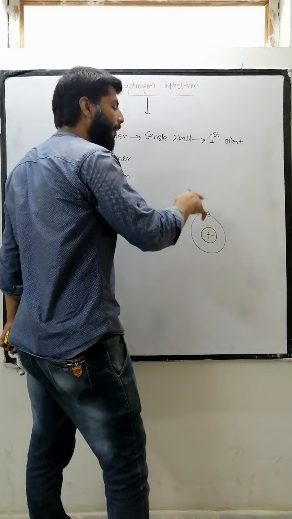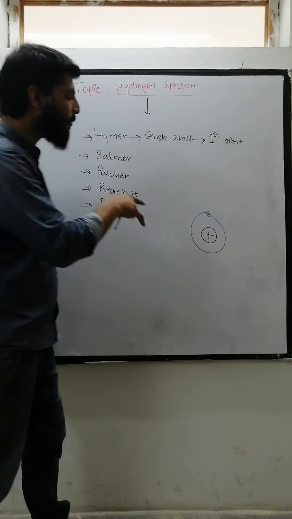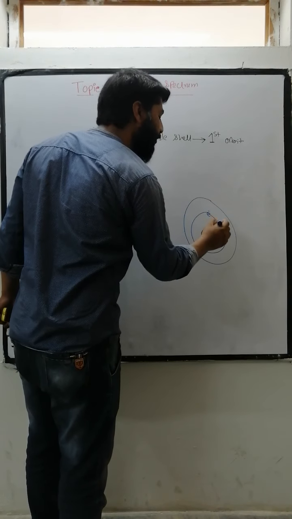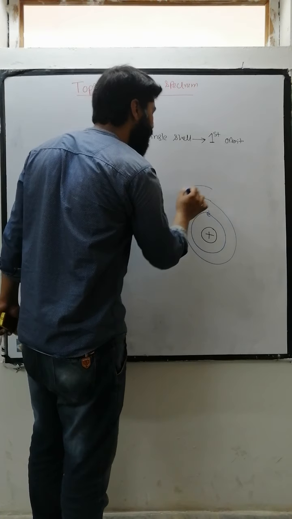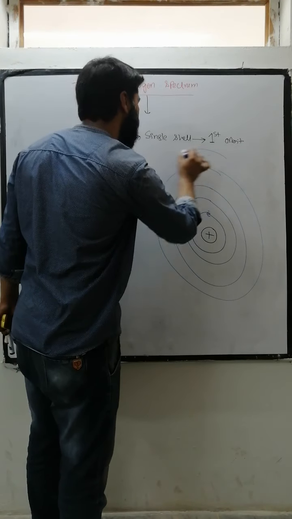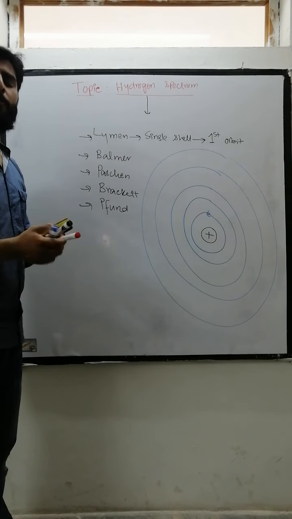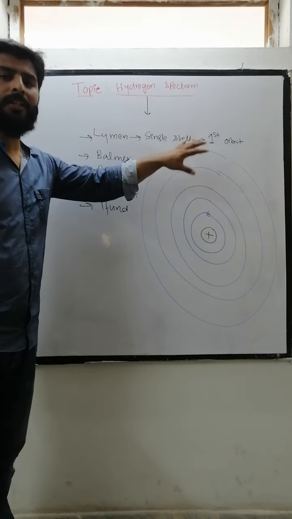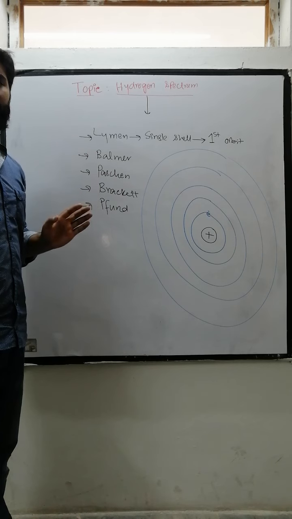This electron, when subjected to electric discharge, will be shifted or excited to a higher energy level, which may be N2, then N3, then N4, then N5. Let's suppose we have a hydrogen atom having five different energy levels, and these scientists worked on these levels.